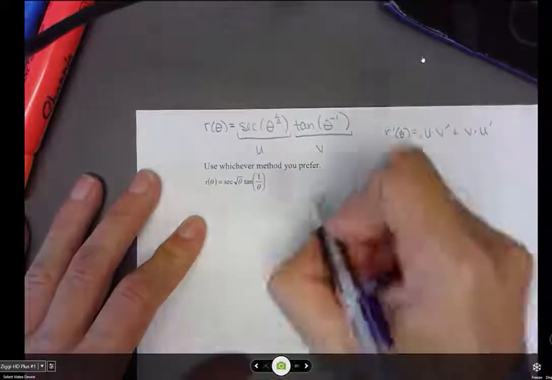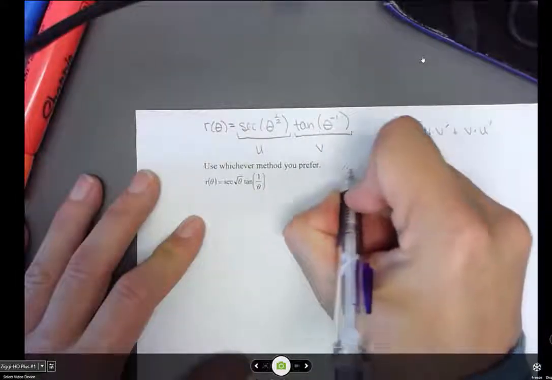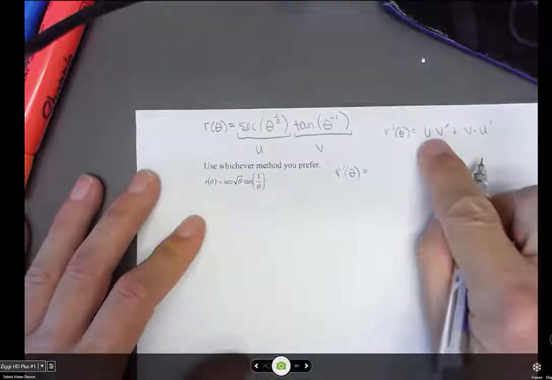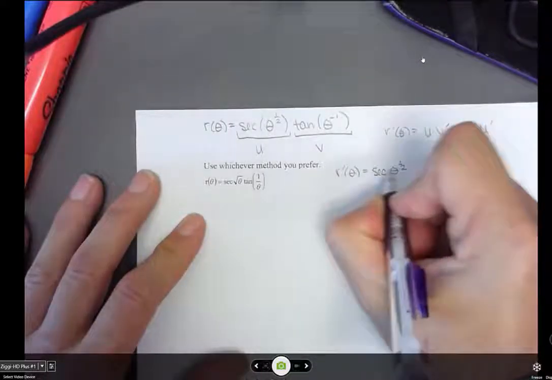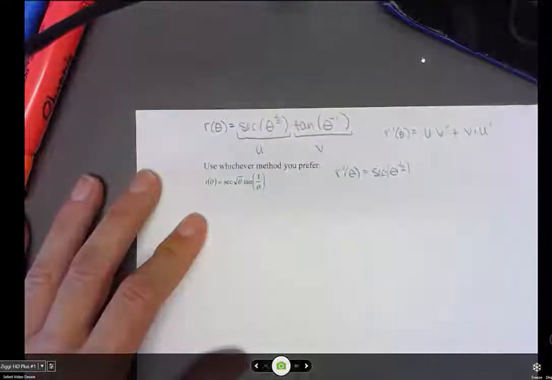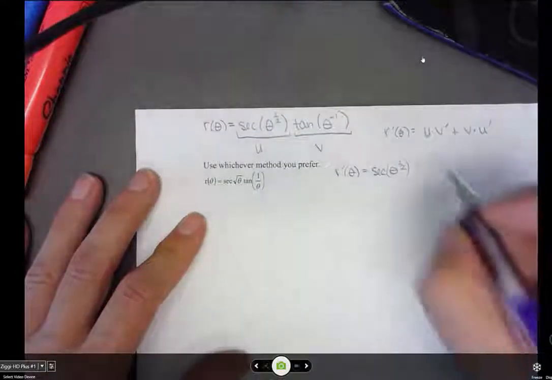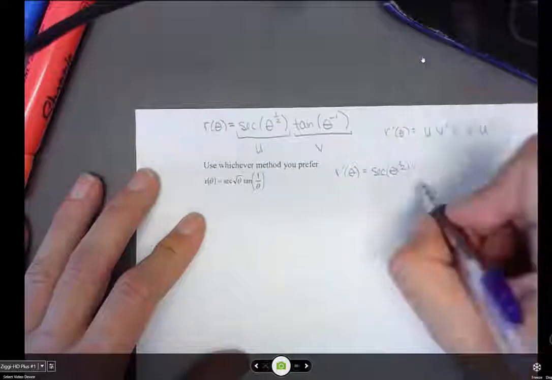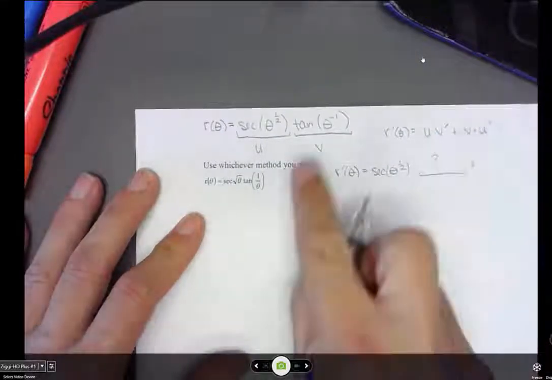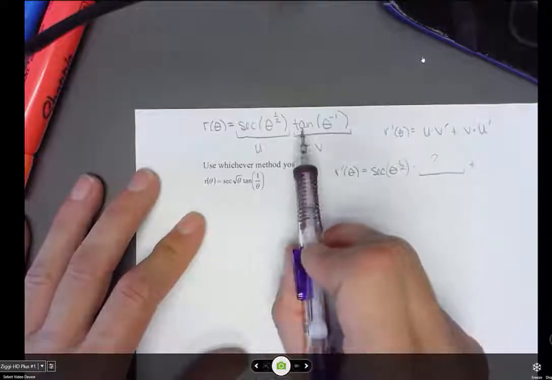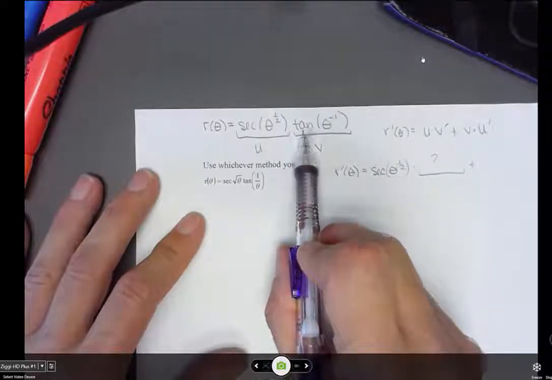So what parts do we already know? Well, I know that u is secant theta to the 1/2. The theta is to the 1/2, not the secant, times v prime. This, we're going to have to do some work. That's going to require the chain rule because there's an outside function of tangent and an inside function of theta to the -1.